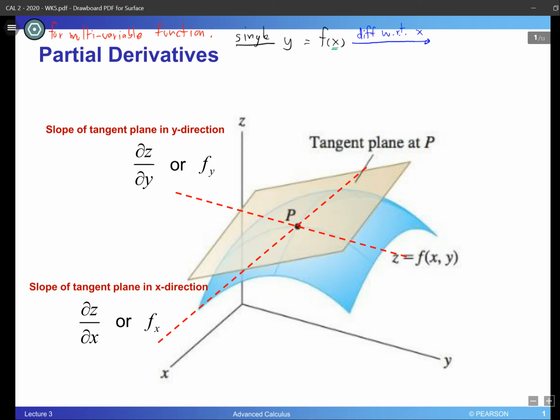WRT here stands for with respect to, and in the end we get this df by dx. Let's make a note right here. We have this d of f of x by dx, which means that we have done the differentiation on this function with respect to x. And sometimes we see this form as well, f prime of x, same meaning.